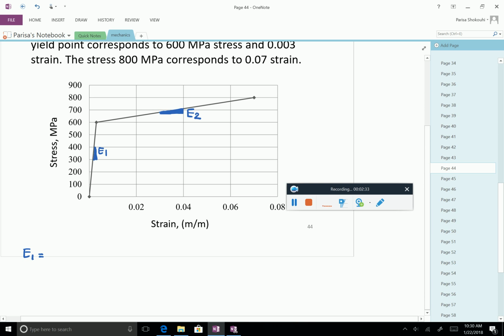You remember that I told you if the relationship is not fully linear, we are not going to have only one elastic modulus. You are going to have an elastic modulus depending on where you are on the curve. This is a simplified version. We only need two elastic moduli to characterize this curve. So let's calculate this if you haven't done it at home.